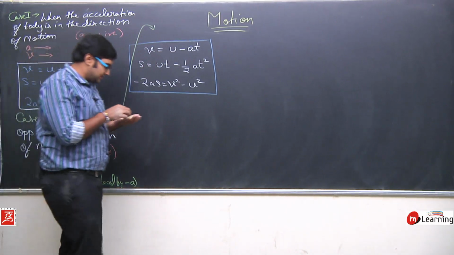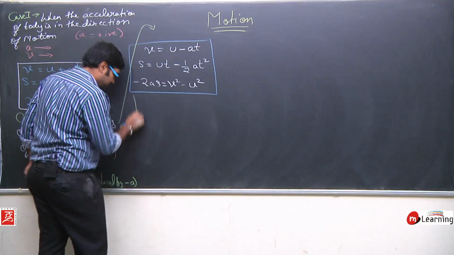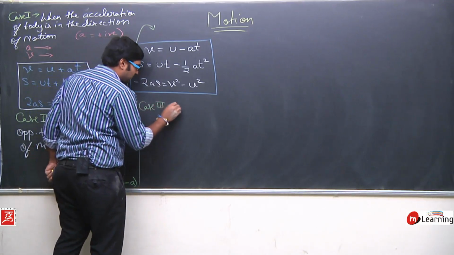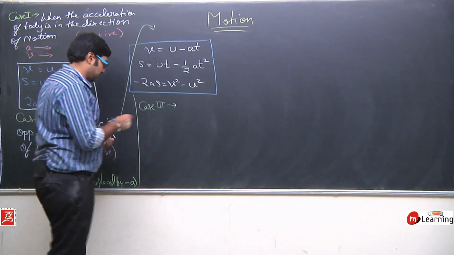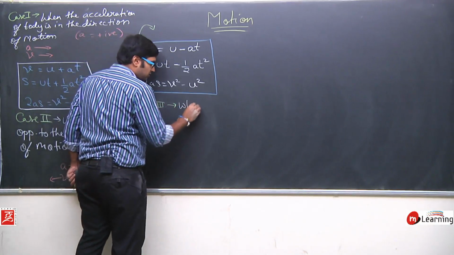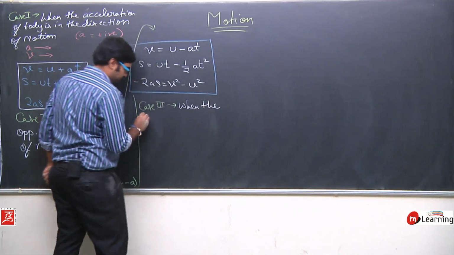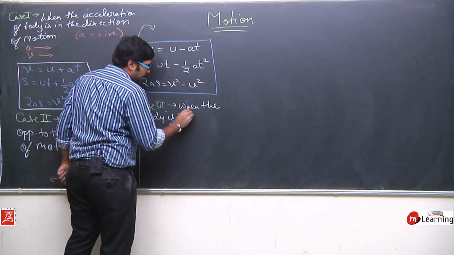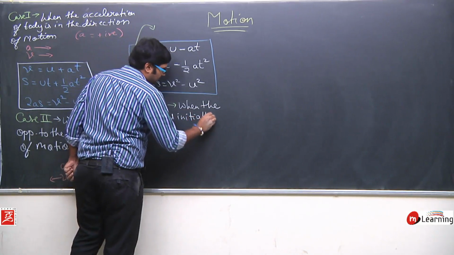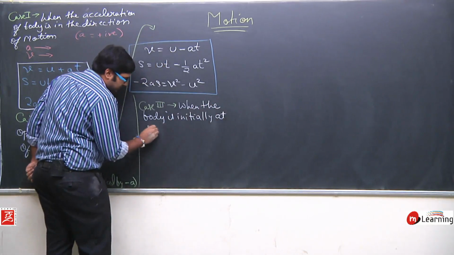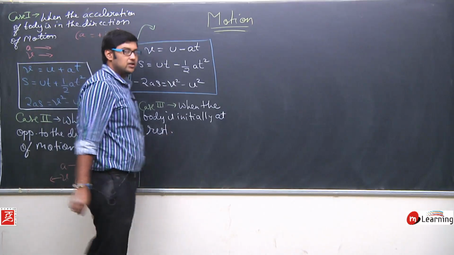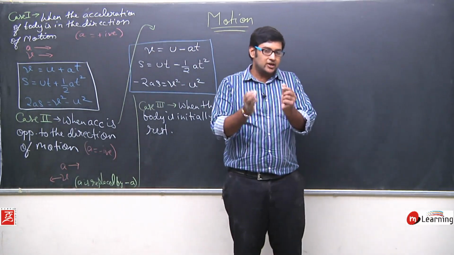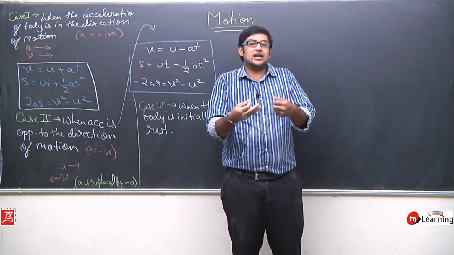Okay, now consider case 3. Case 3 is when the body is initially at rest. Now when the body is initially at rest, it means when you first saw the body it was at rest, after that it starts moving.